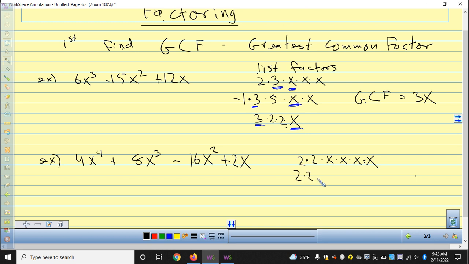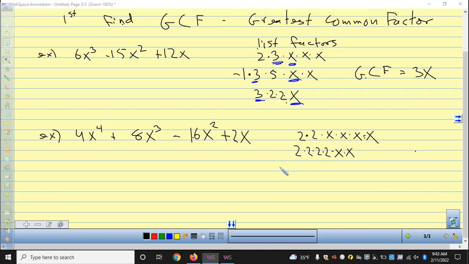That's going to be 2 times 2 times 2 times 2 times x times x. 16, oh boy. 16 is negative 1 times 2 times 2 is 4 times 2. This is one too many 2's. I only want 3 2's here. 16 is 4 2's. 2 times 2 is 4 times 2 is 8 times 2 is 16. There we go. I need one more x there. Times x times x. And here we have a 2 times x.